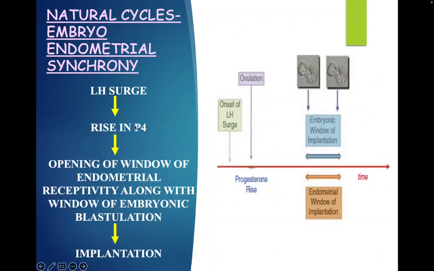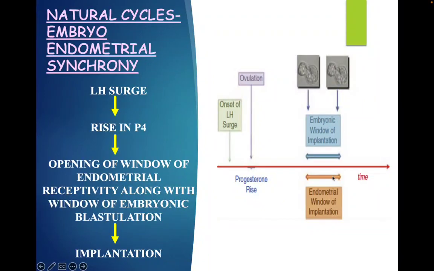Whenever this P4 is rising, the window of implantation is getting opened, and side by side blastulation is happening in the embryo, so it is reaching the stage of blastocyst. So during that cycle, both are coming at the same time. The embryo is getting formed, and the endometrium is also getting receptive. This ultimately leads to implantation on day 5 or day 6.